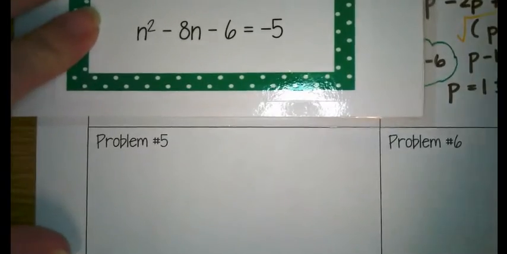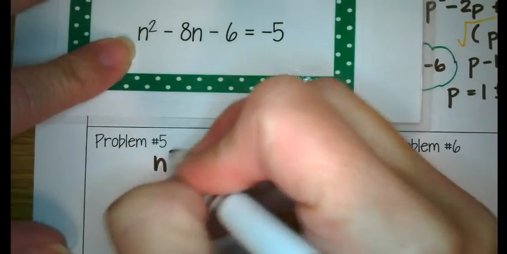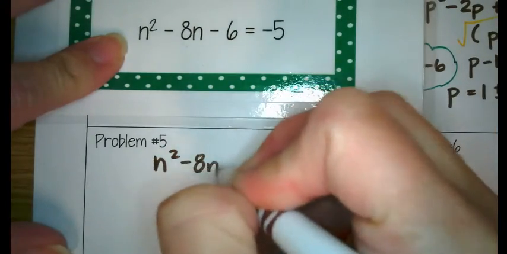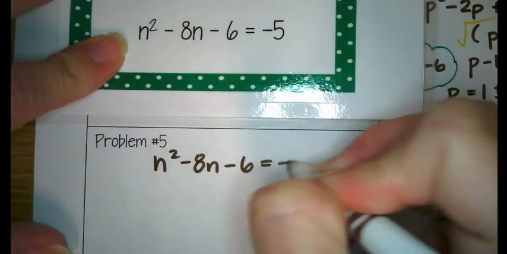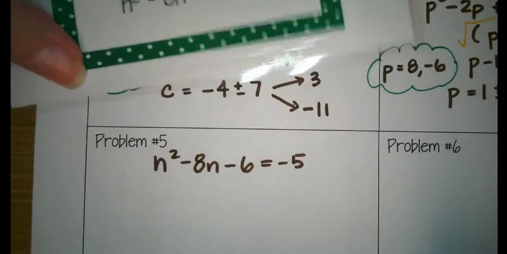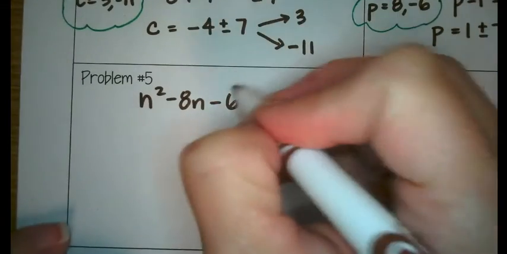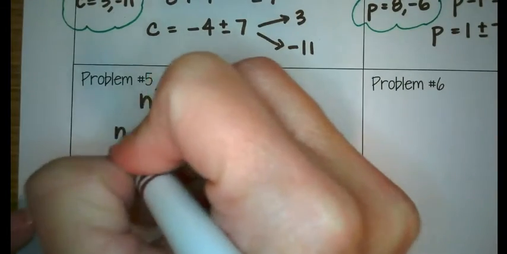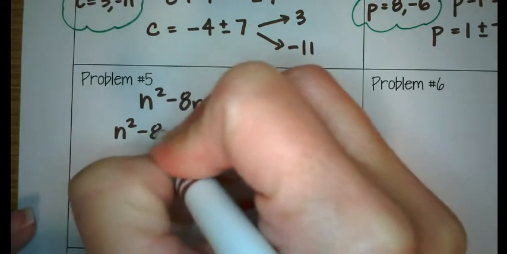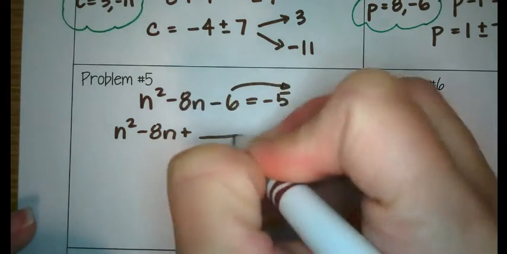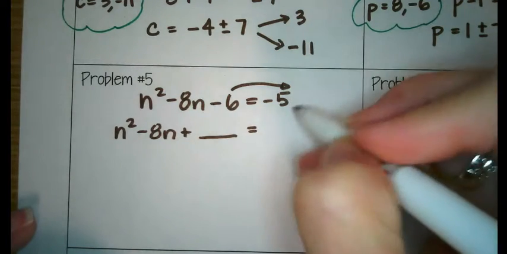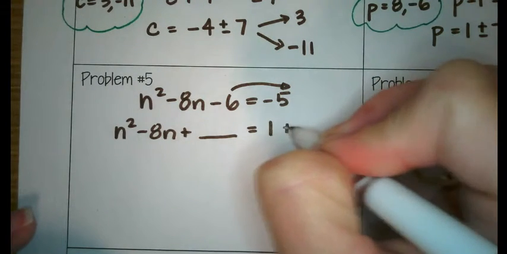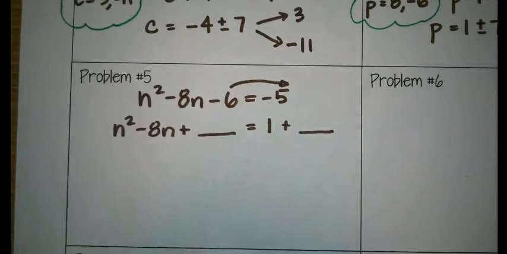All right, this one is n squared minus 8n minus 6 equals negative 5. Okay, so for this one, I need to move that negative 6 over to the other side. So that would be n squared minus 8n plus blank equals, when I add 6 over here, this is going to be 1 plus blank.